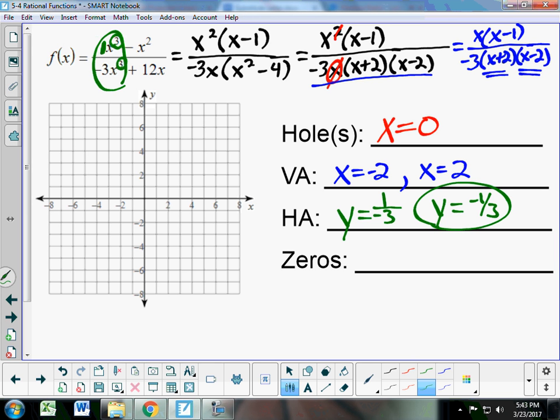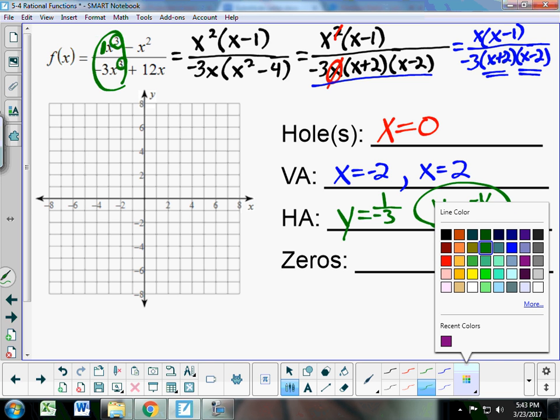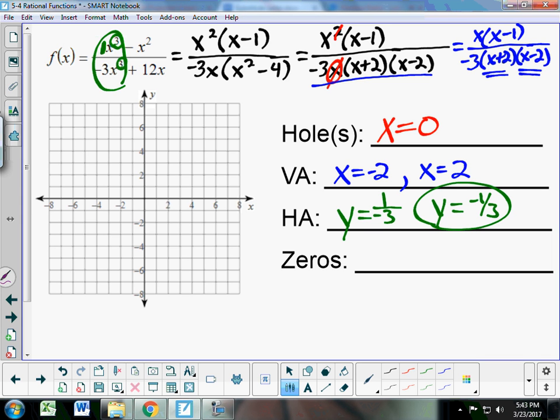And then the zeros. Looks like we're going to have a couple on this one. So, go purple. Okay, set the numerator equal to 0. So x times x minus 1 equal to 0. Alright, so again, we're going to get two values. So for x and x minus 1.